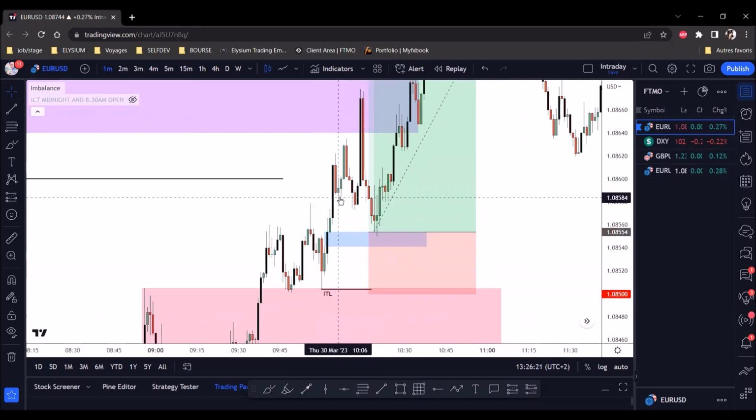But then I saw this little move. And, you know, there are no random things in the market. Every move will give you a hint about the direction.